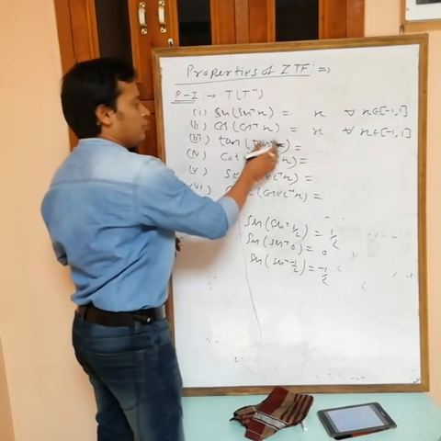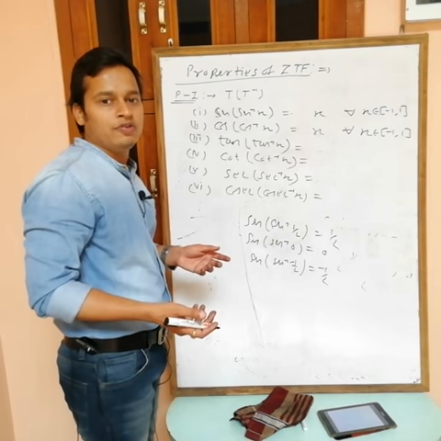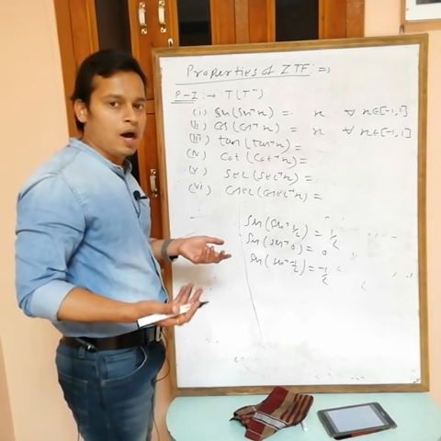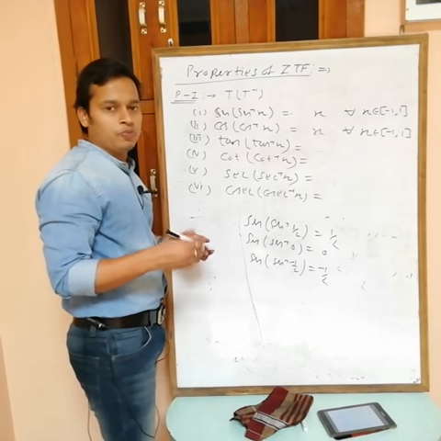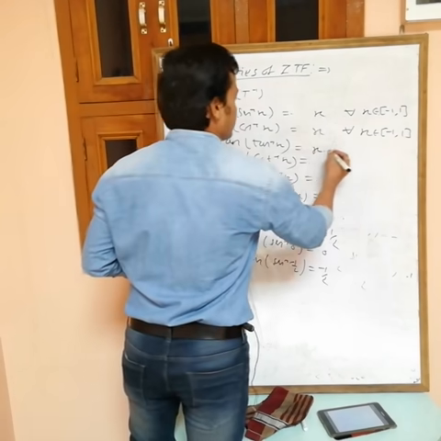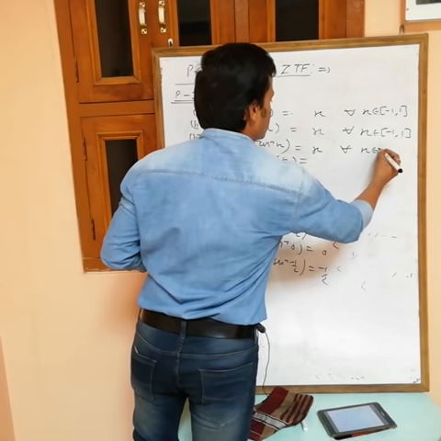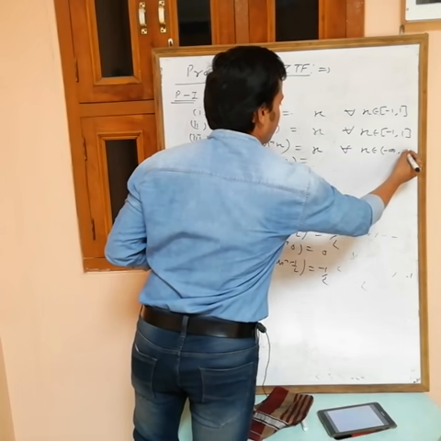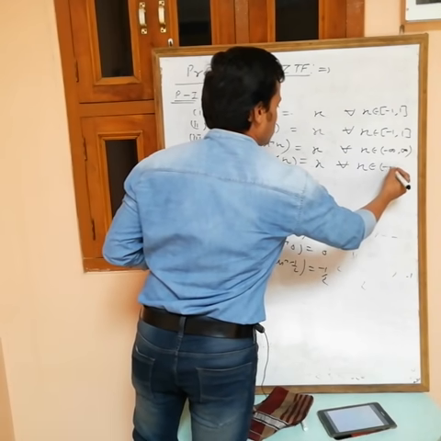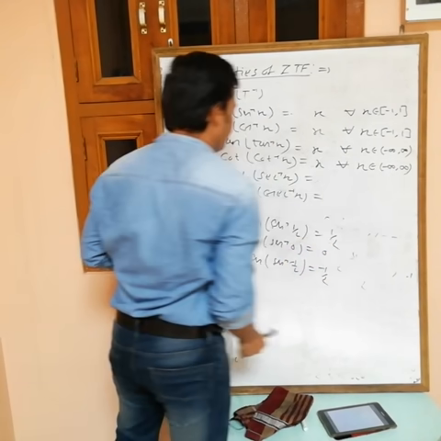Here we have tan of tan inverse x. Tan and tan inverse cancel out, and the domain of tan inverse x is R. No problem, now you can put any value, and the range of tan is R. So this is equal to x for all x belongs to minus infinity to plus infinity. This is also equal to x for all x belongs to minus infinity to plus infinity.